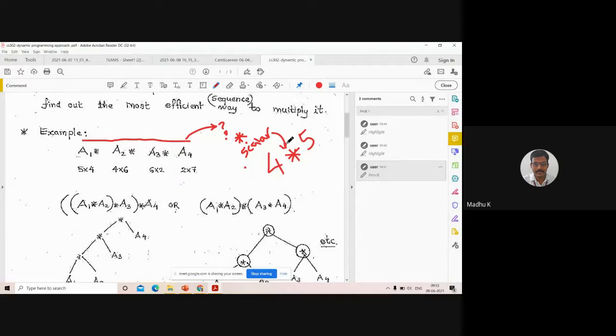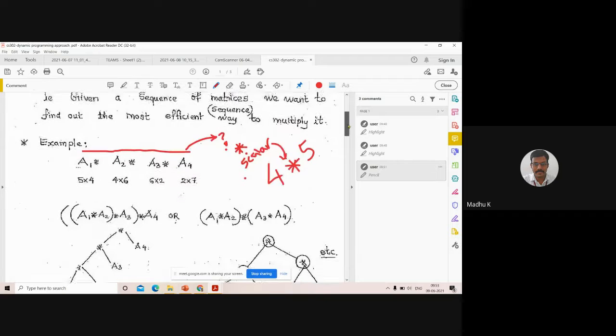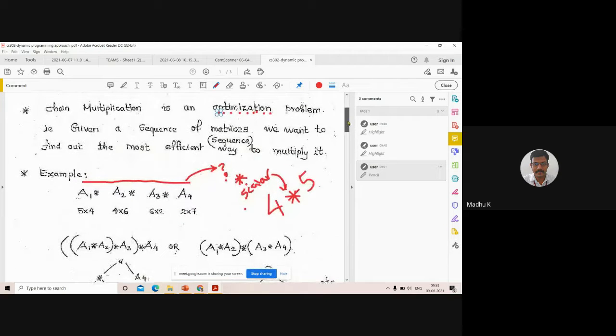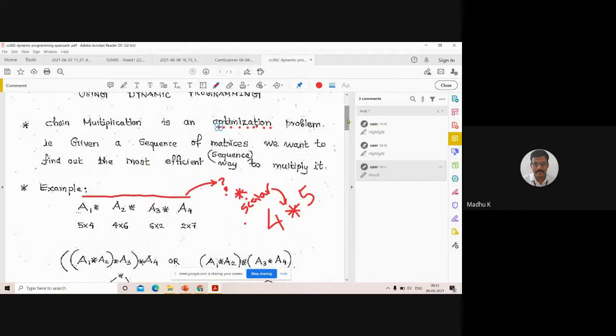So we want to multiply these four matrices with the minimum number of scalar multiplication operations. That is the problem. If you think about this, this is the chain matrix multiplication problem.